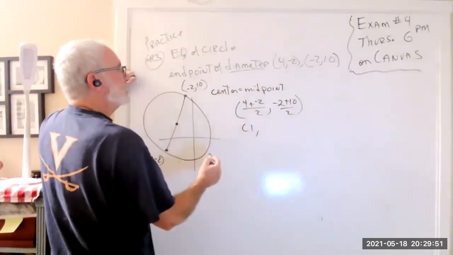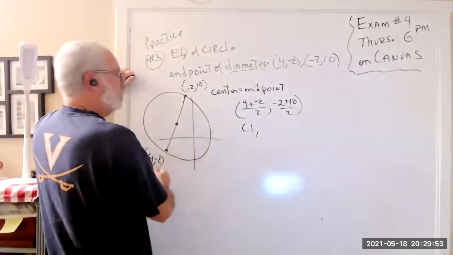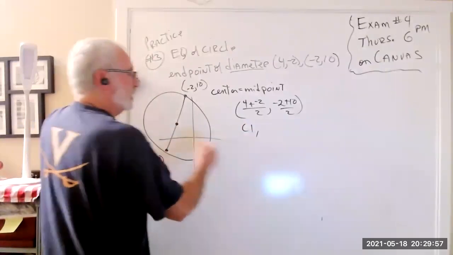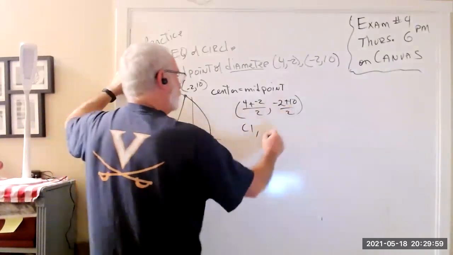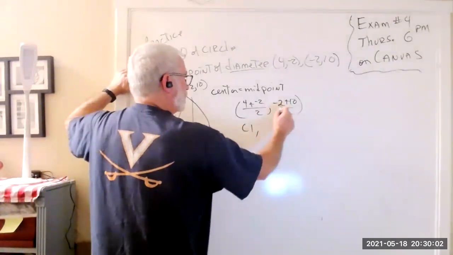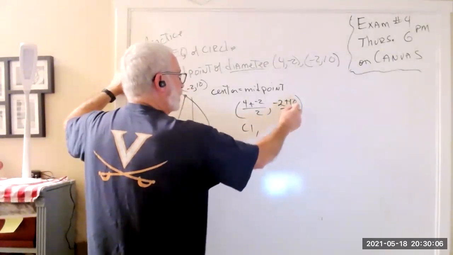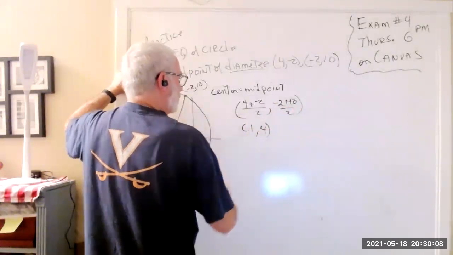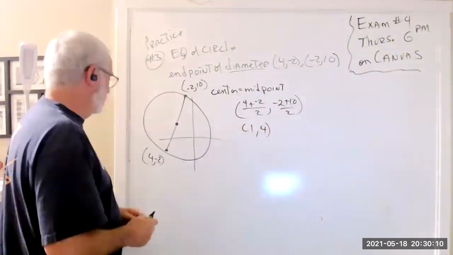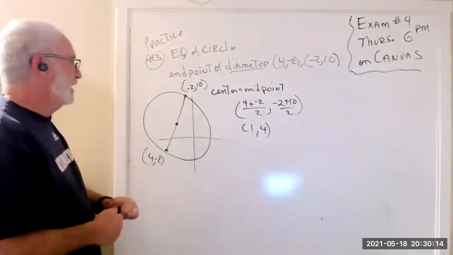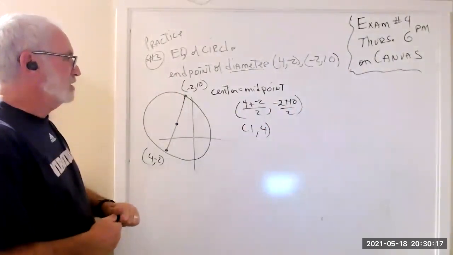Is that right? Oh, well, what an idiot. Never mind, somebody can tell me why I'm wrong here, but that's okay. 1, and this is 5? No, -2 plus 10 is 8. 8 divided by 2 is 4.